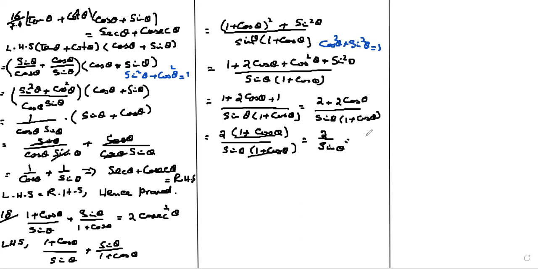So 1 over sine theta is cosecant theta, so it is 2 cosecant theta, which is equal to the right hand side. This implies left hand side equals right hand side. Hence proved. Identity is proved.